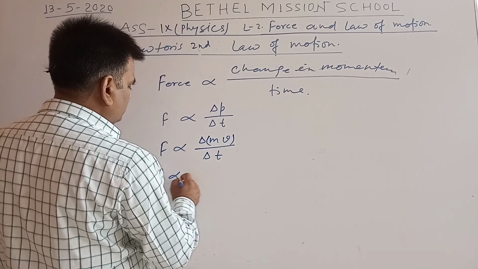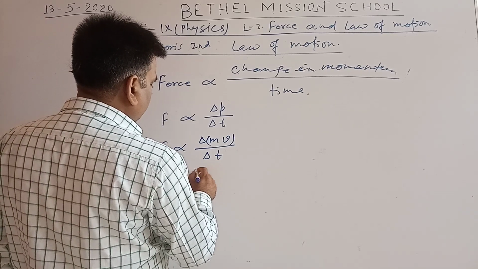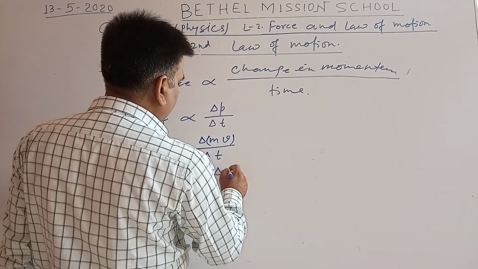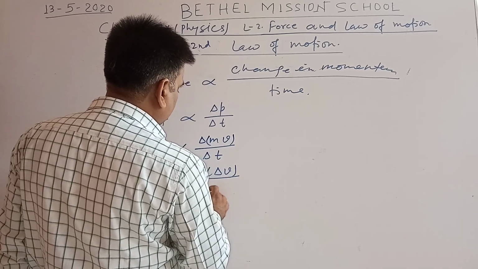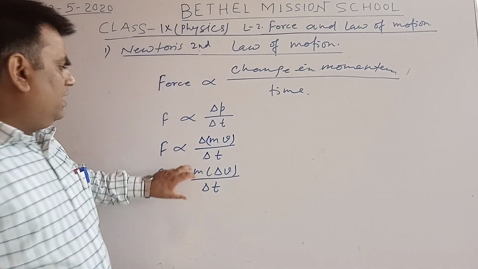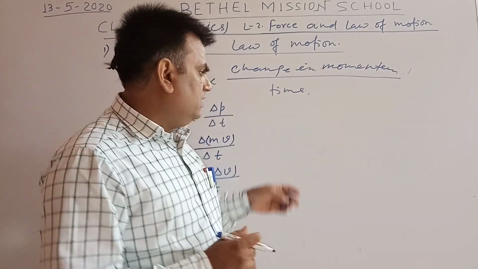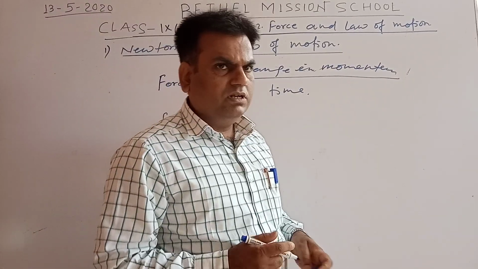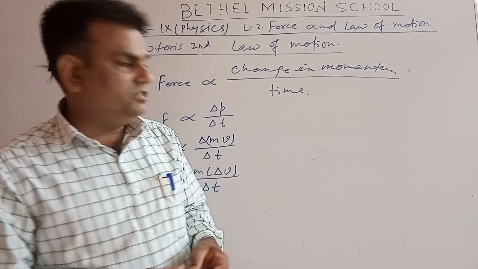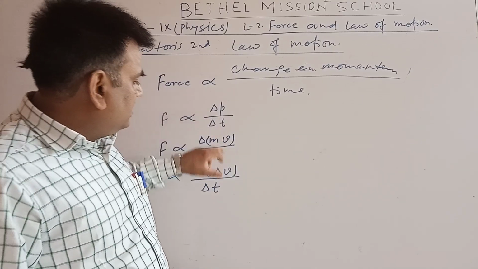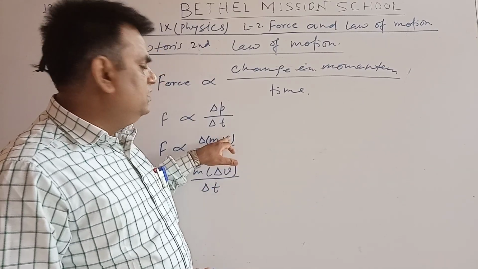For an object in motion, the mass remains constant and the other quantity, velocity, will change.